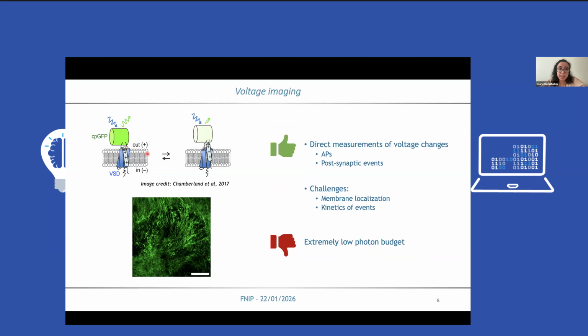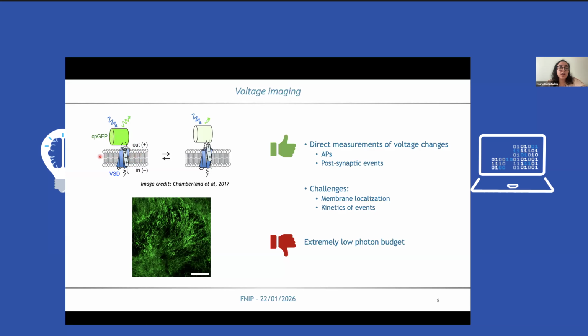Voltage indicators are fluorescent proteins that are sensitive to voltage, and they transduce the voltage changes directly into changes of fluorescence intensity. The most used in two-photon are these ASAP-type indicators. They're composed of a voltage sensing domain here that is located in the membrane of the neurons, coupled with a circularly permuted fluorescent protein.